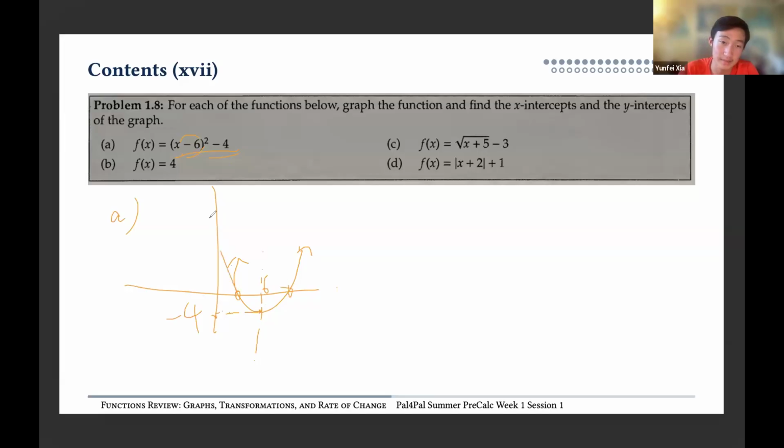And what are the y-intercepts? Yeah, be careful with the signs. Right, 4 and 8 is correct.